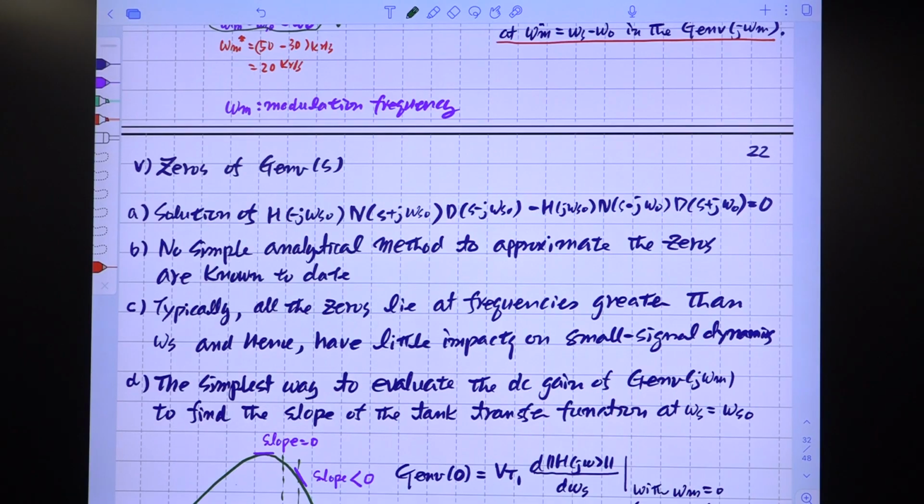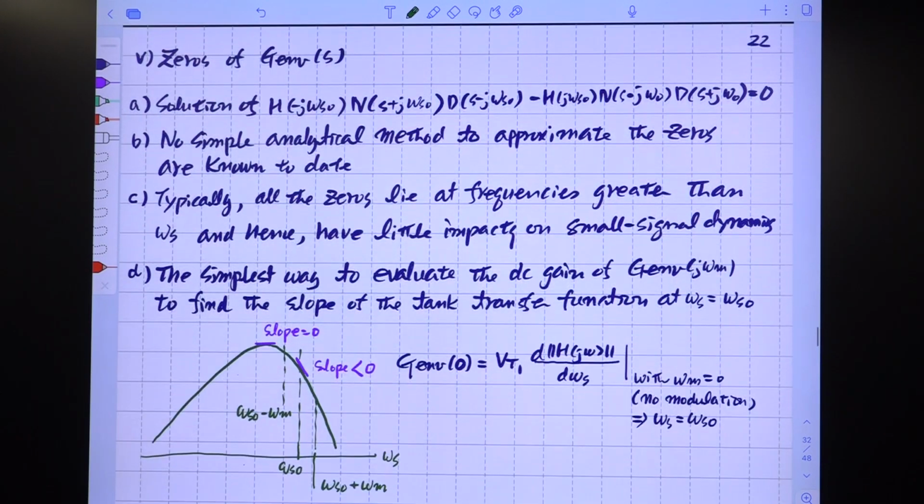And another interesting thing is the DC gain of this frequency to envelope transfer function. Right. So the definition of this one is this. This is the result. Okay, so G env s, s is j omega m, is this one, envelope sinusoid divided by del omega s, right?